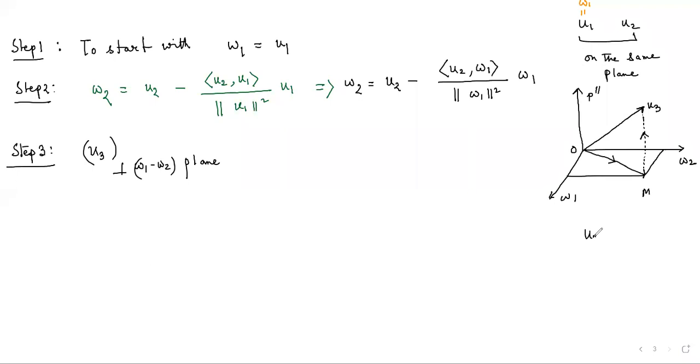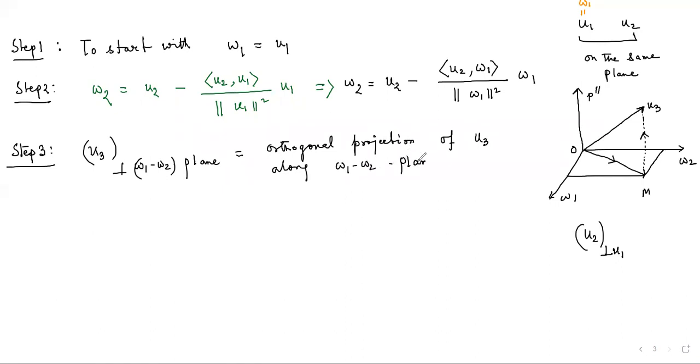Try to recall what we wrote. What is the notation I used? The orthogonal projection of u2 along u1. Now I am trying to find the orthogonal projection of u3 along the w1 w2 plane, similar to the thing that we did in two-dimensional geometry.